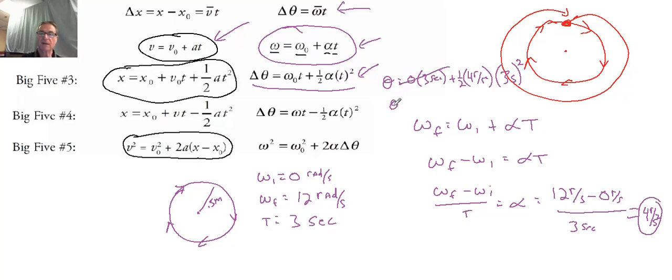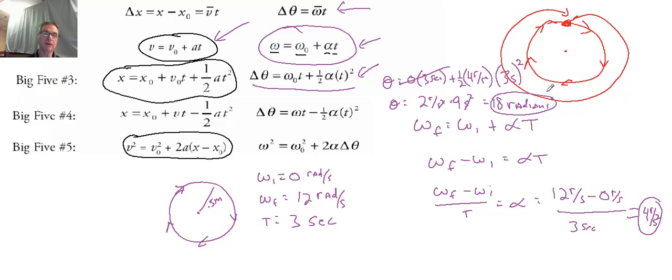Theta then is 1/2 times 4, which is 2 radians per second squared, times 3 squared, which is 9 seconds squared. The seconds cancel out, and 9 times 2 is 18 radians. That's how many radians the wheel will have spun through in those 3 seconds.